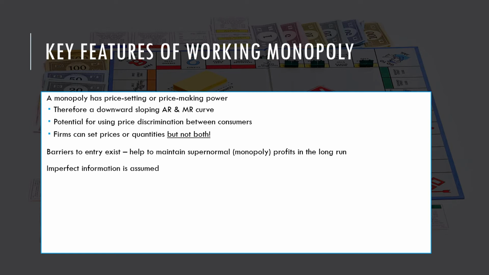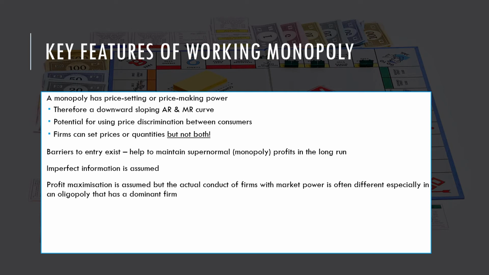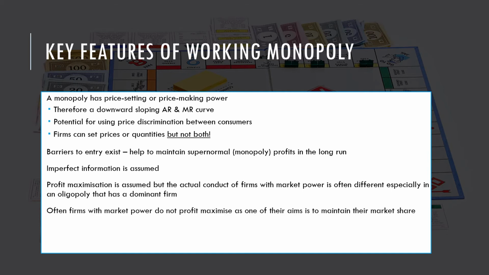We assume imperfect information. We assume again profit maximization, but actually this is not necessarily a given rule. Sometimes firms with market power, for example a dominant firm in an oligopoly, will have slightly different objectives. Sometimes their aim is just to maintain their market share, to maintain their position in the industry.